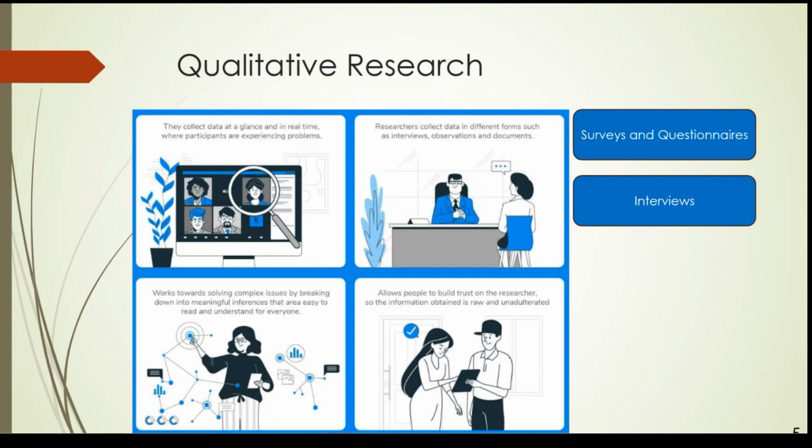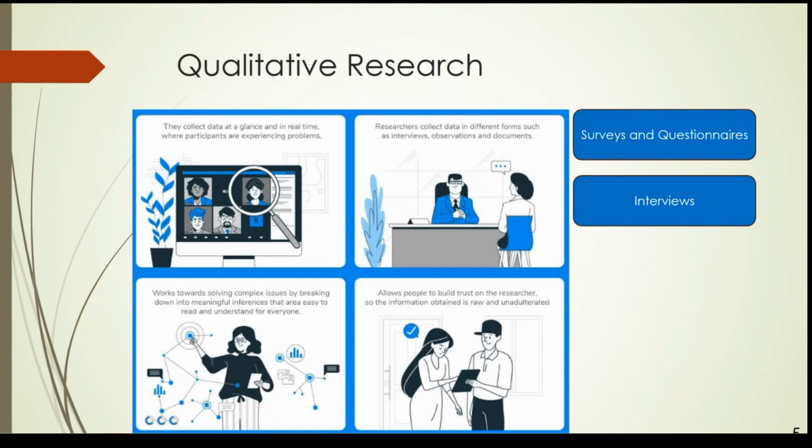Or it can be just being there and observing scientifically and with analytical thinking, not just observing for entertainment, but observing the patterns. The key idea is to observe what is important and what patterns are hidden in the data. And another reliable source of data is existing documents.